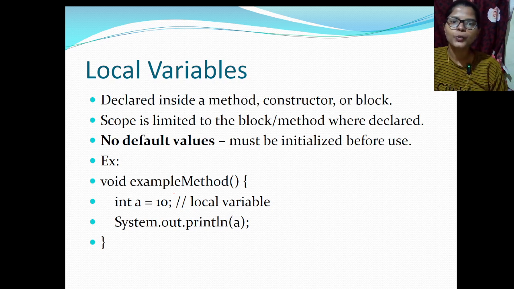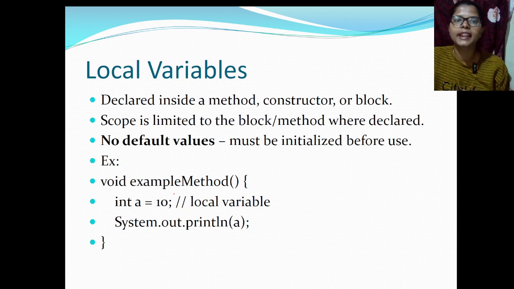We put nicknames on ourselves, right? We use these names inside our home only. Others don't know them if we use them outside, because these nicknames are known only to particular persons. In the same way, a variable used inside a method, constructor, or block is restricted to that area.